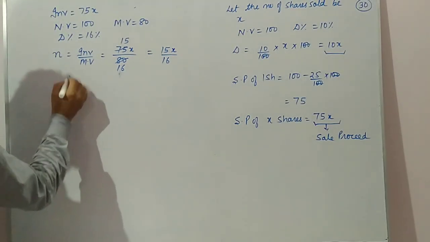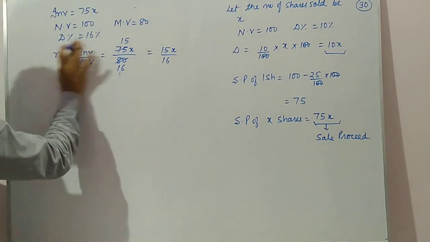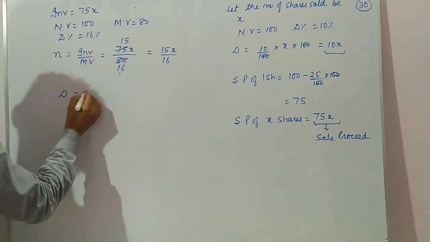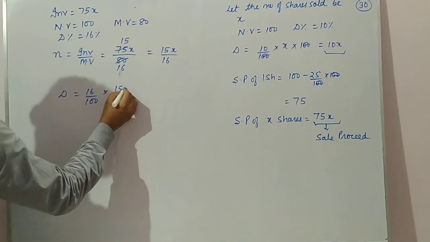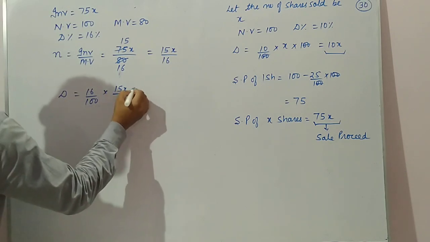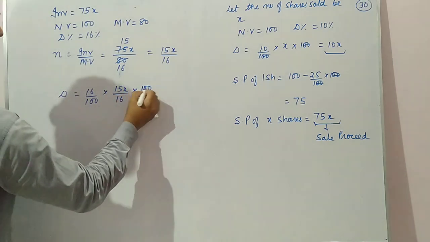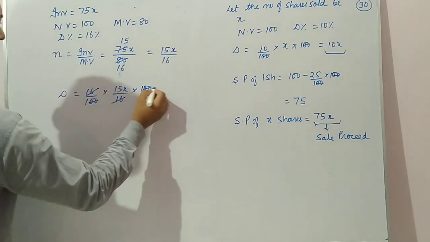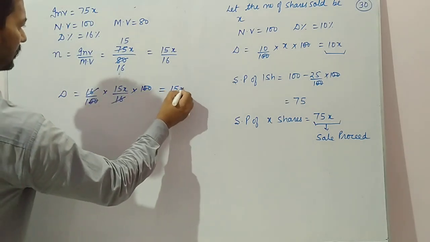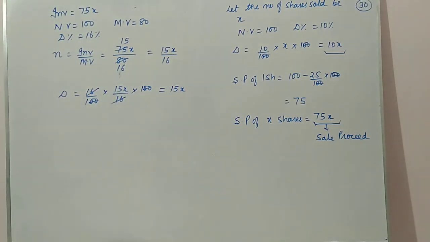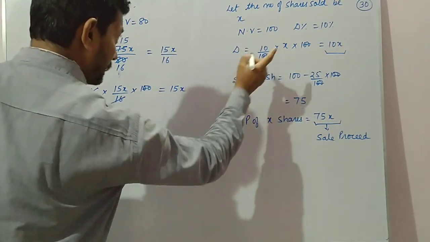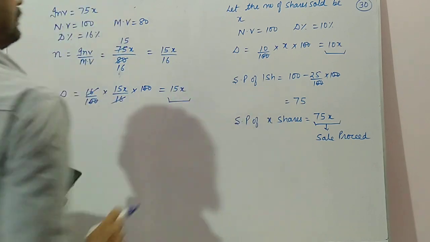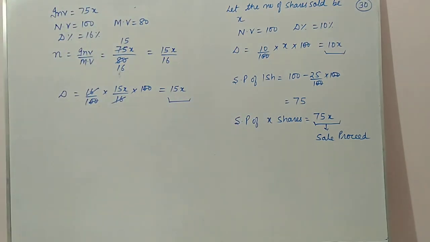Dividend, that is dividend percent 16 by 100 into number of shares, 15x by 16 into nominal value is 100. This will cancel out, this will cancel out, this is 15x. So here, earlier the annual income was 10x, and now the annual income is 15x.